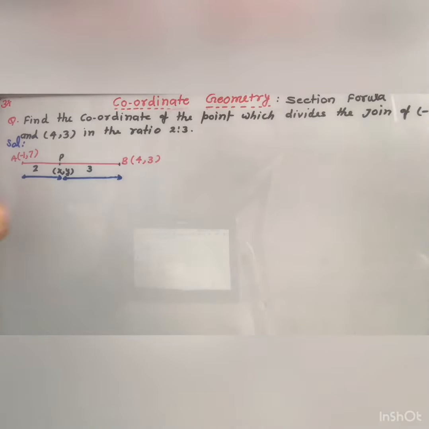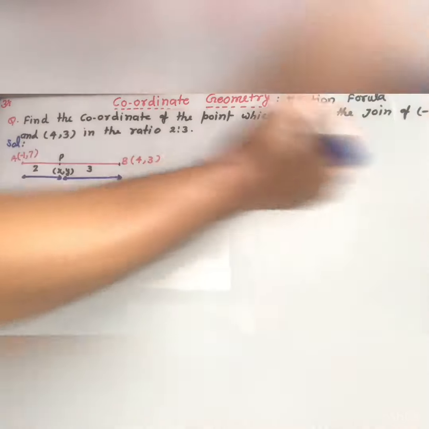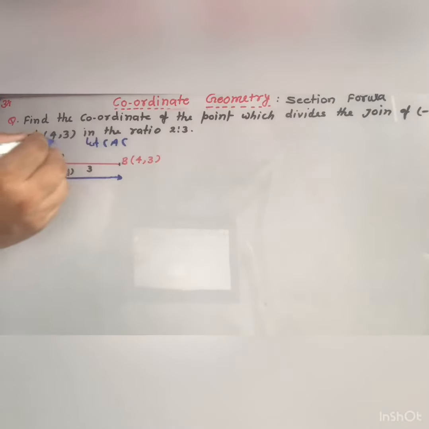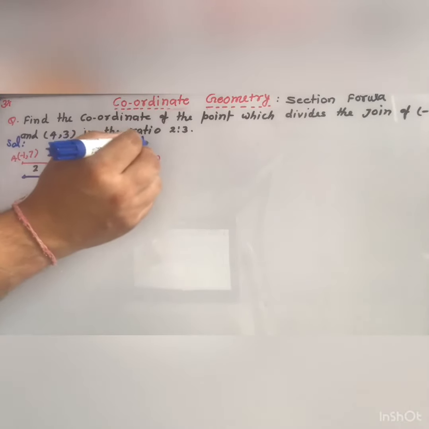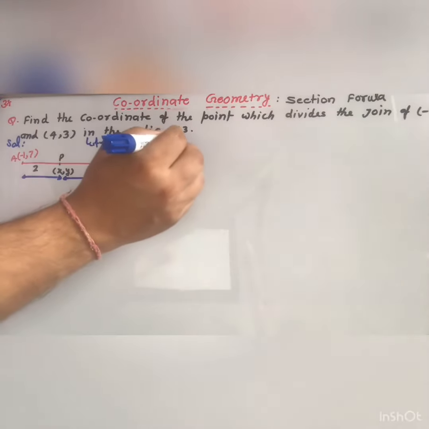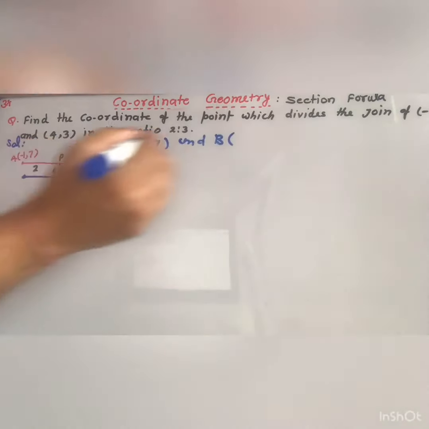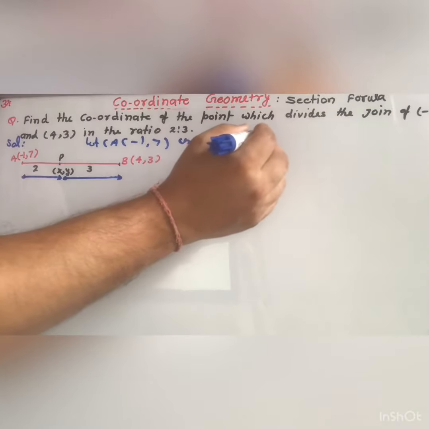Okay, so first of all you will take these given points: let A be -1,7 and point B be 4,3.